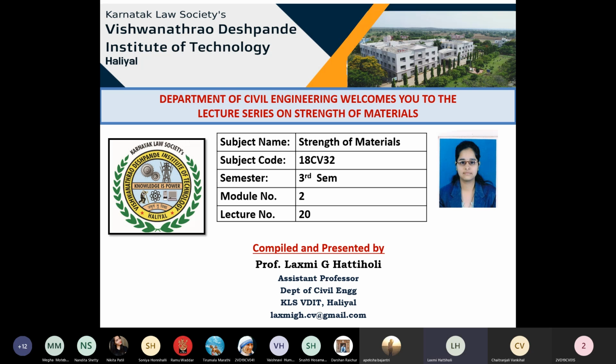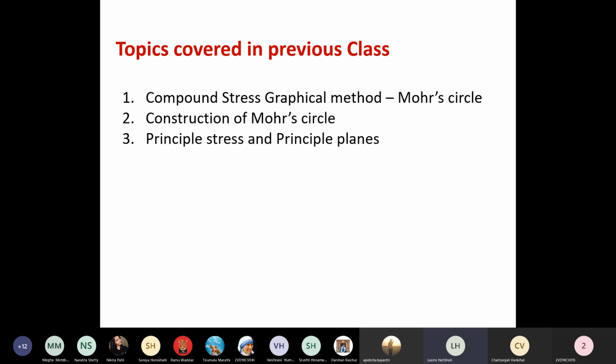I welcome you all for this Strength of Materials lecture series. As I said in the previous session, we had discussed the Mohr circle and its construction, and all the points in the Mohr circle: what they indicate regarding the stresses, major principal stress, minor principal stress, maximum shearing stress, and where exactly you can measure the plane of maximum principal stress as well.